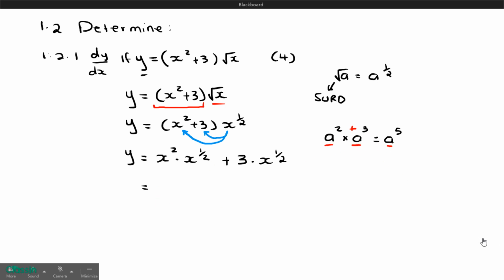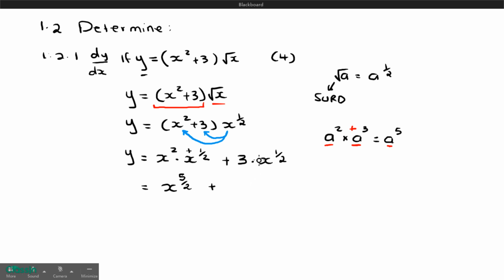So even here, because we are multiplying powers of the same base, our base will remain as x. But what is 2 plus 1 over 2? 2 plus 1 over 2 will be 5 over 2.